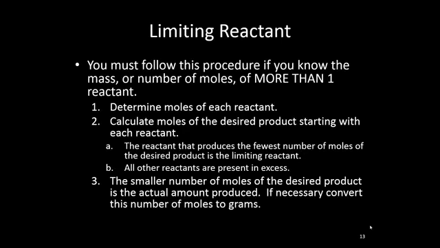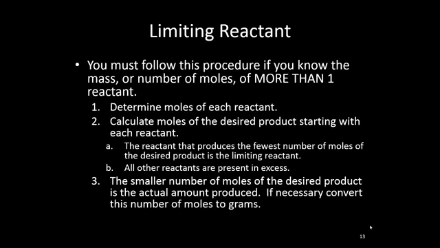If you come across a problem where you know the number of moles, or conversely, the number of grams of more than one reactant, you must assume that you may be in a limiting reactant scenario and therefore follow these steps. Number 1, you must determine the moles of each reactant.